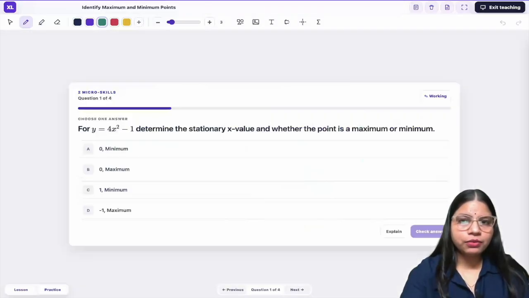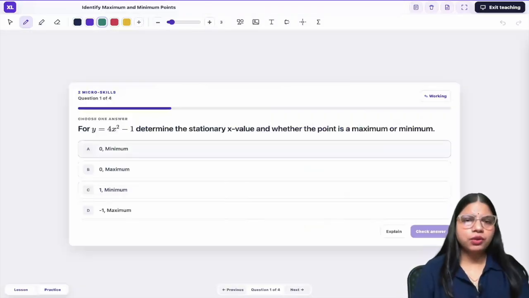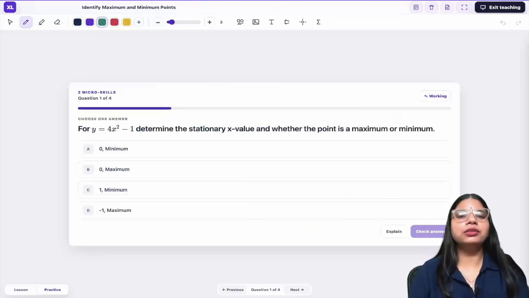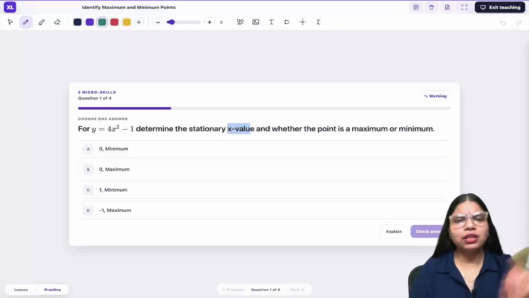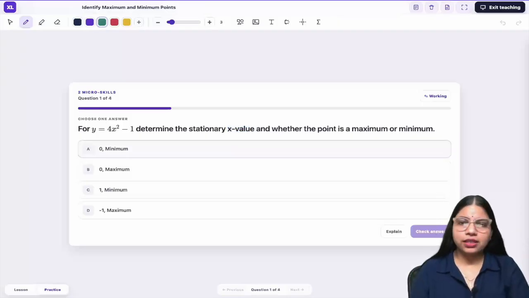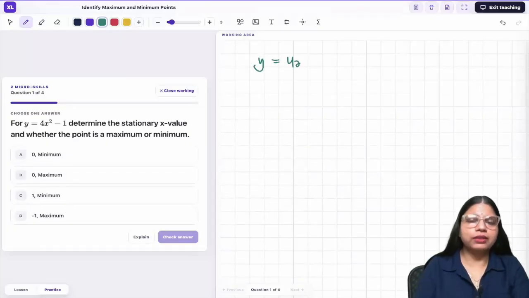Let's right away move to the practice part. We have a quadratic equation over here and we need to determine the stationary value, the x value. Okay, stationary, that means the turning point. We have to find out the x value. So y equals 4x squared minus 1.